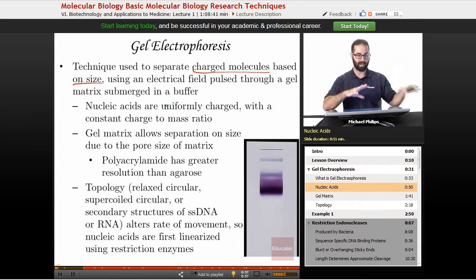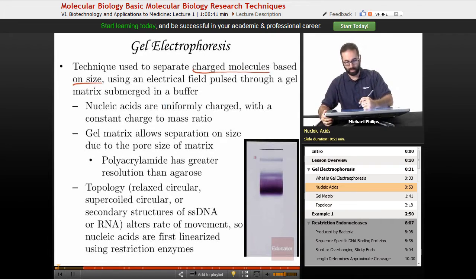So you have a constant charge to mass ratio, so the DNA will go from the negative pole down to the positive pole, because DNA is negatively charged.